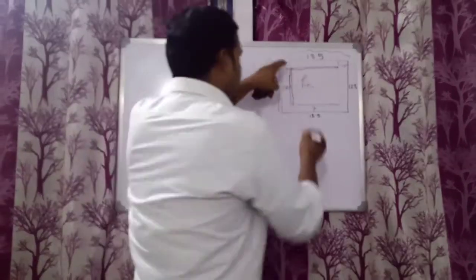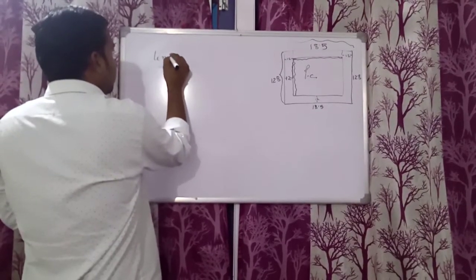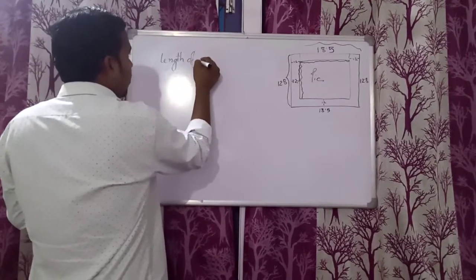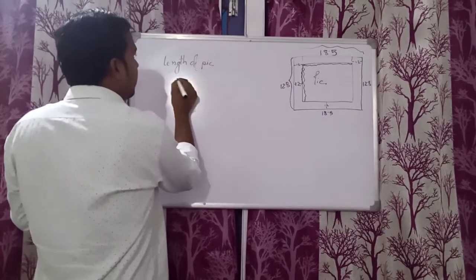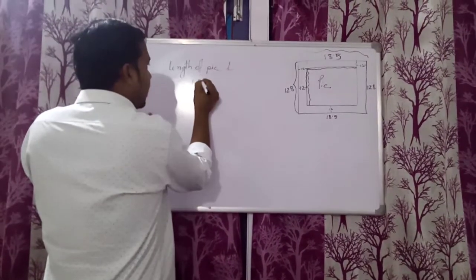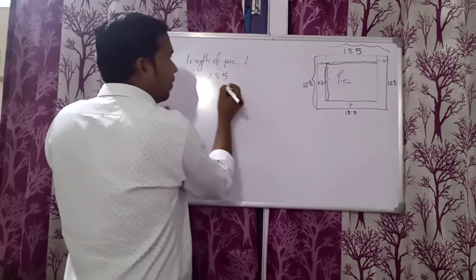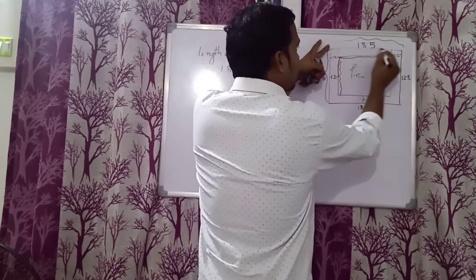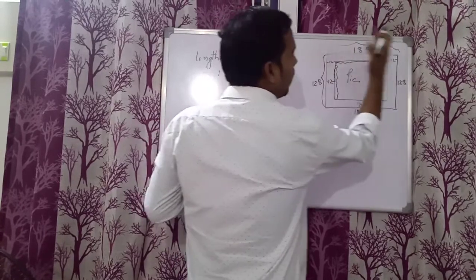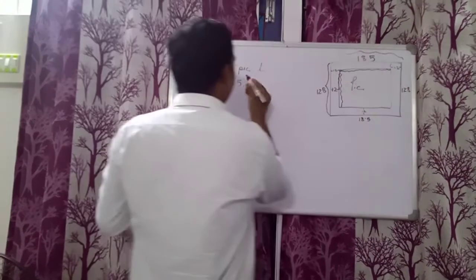Now see, length of picture, comma L, suppose we are taking as L, 18.5. Since from here to here the distance is 18.5, you have to subtract this 1.2 and this side also 1.2.